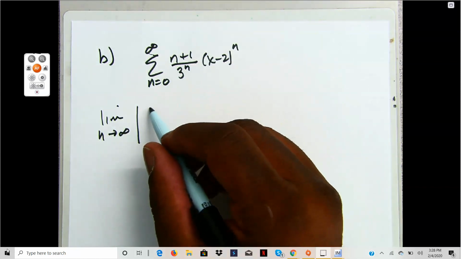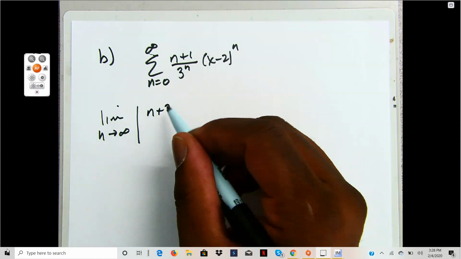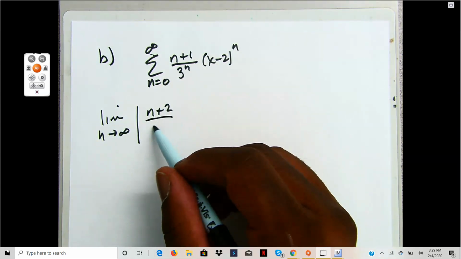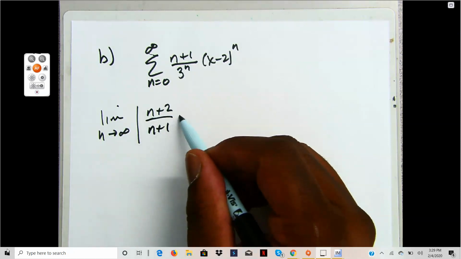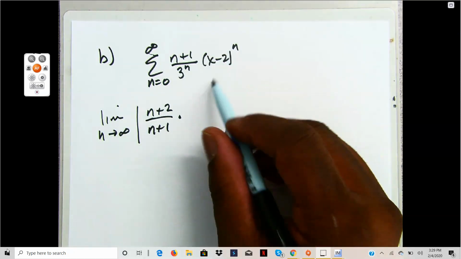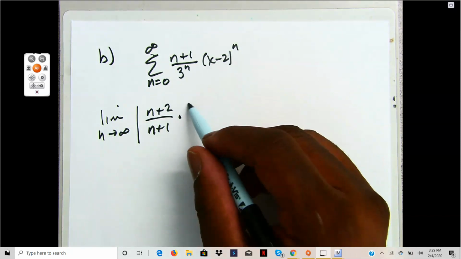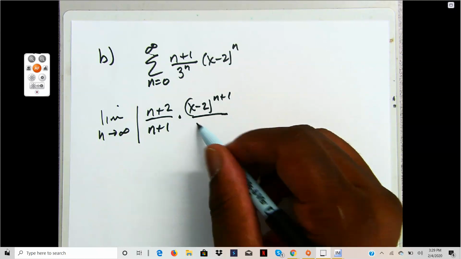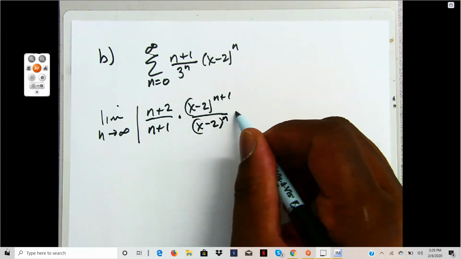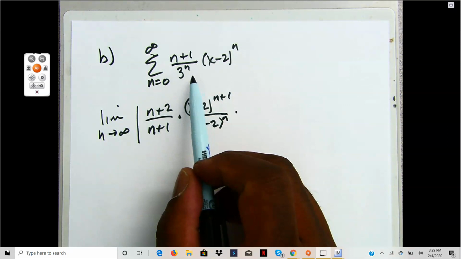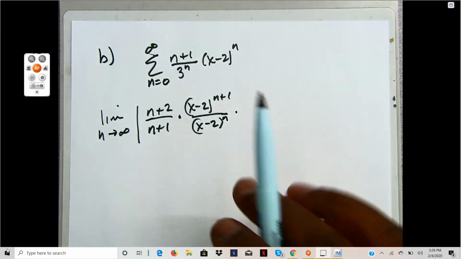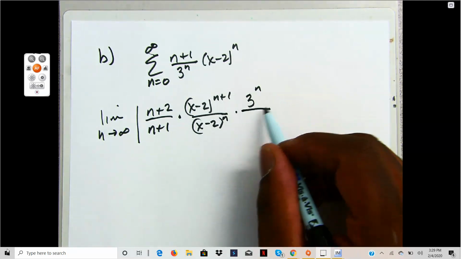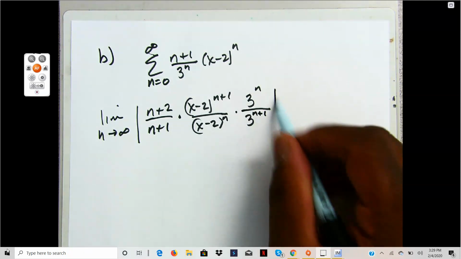So we're going to get n plus 1 plus 1, so that's n plus 2, over n plus 1, times (x minus 2) to the n plus 1 over (x minus 2) to the n, times, now because this 3 to the n is in the denominator, when we multiply by the reciprocal, we're going to get 3 to the n in the numerator over 3 to the n plus 1.